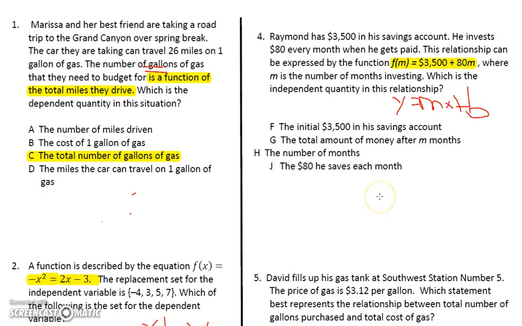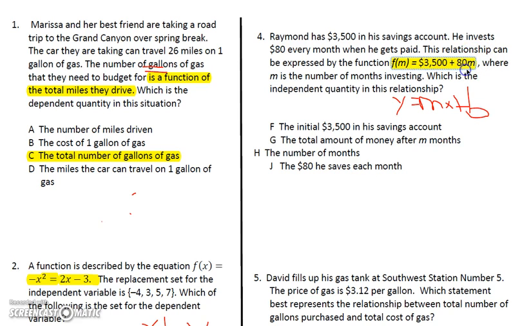That's how it looks. So you need to remember y, in this case f, depends on whatever happened on the right. Now 3,500 is what I already have. But if I want to put this in the calculator, I'm not going to type m. I'm going to type the letter X.